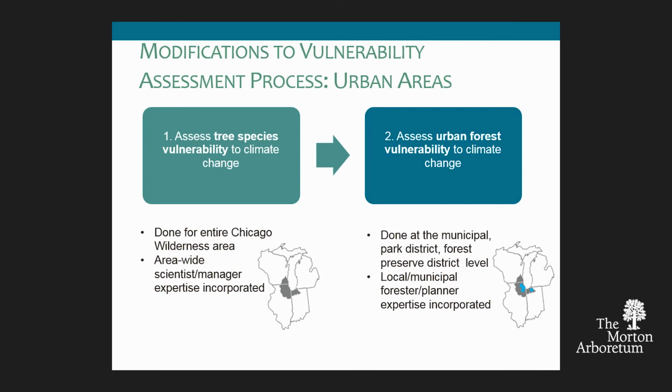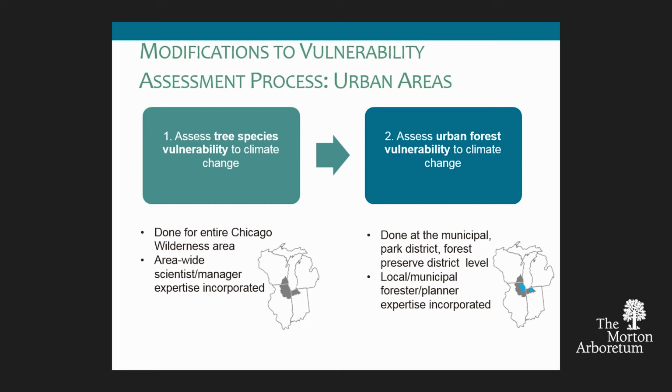For urban areas, we have developed a sort of two-step approach where we are first assessing the vulnerability of tree species to climate change across the entire Chicago wilderness area.